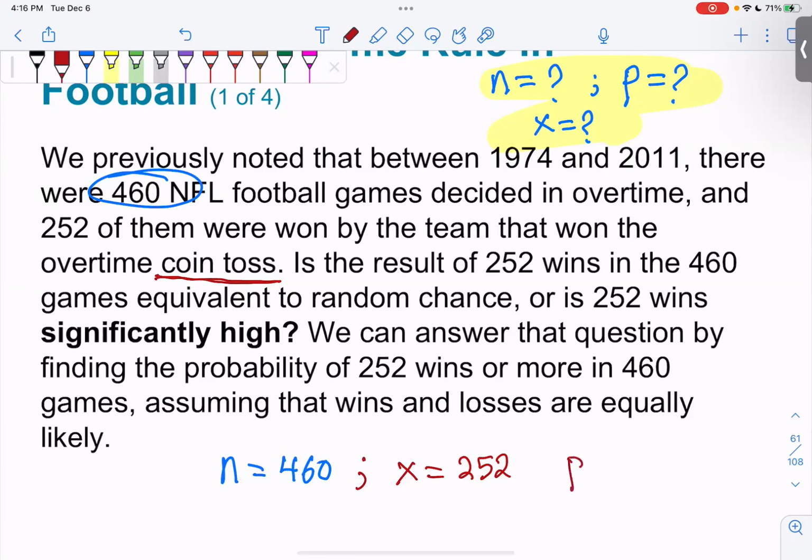So p equals q equals 0.5. Now they're asking whether this value, 252, is a significantly high number of successes or not.